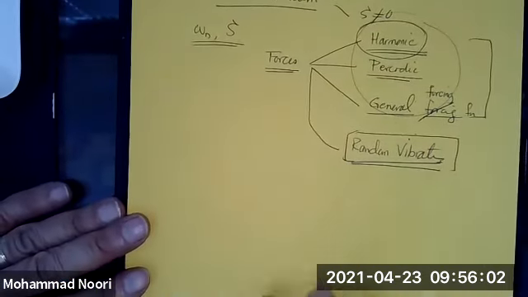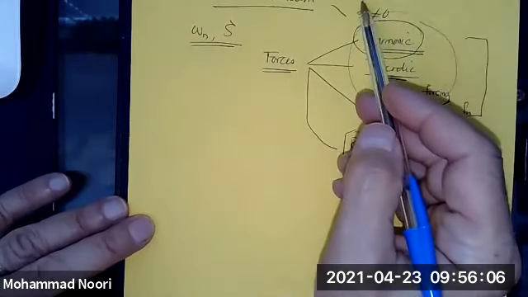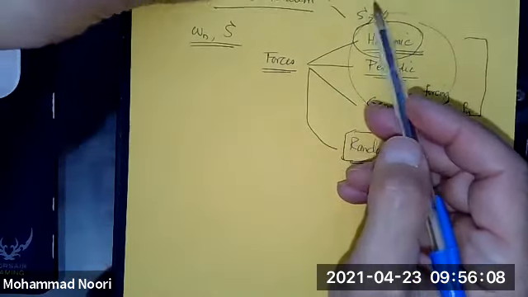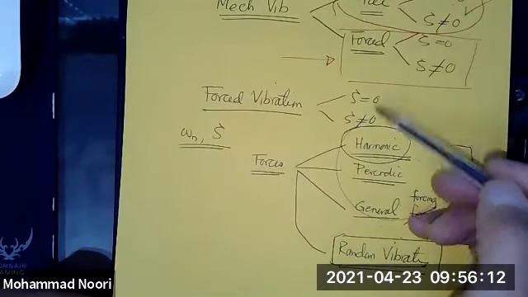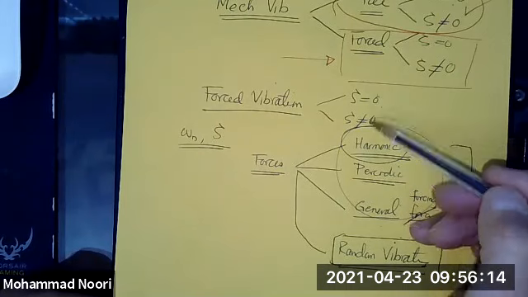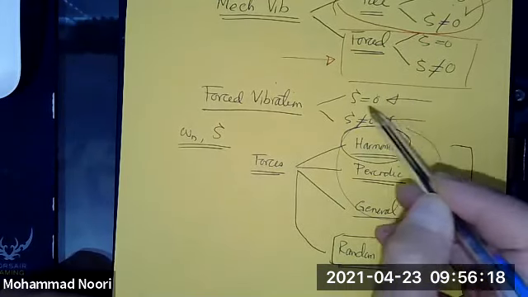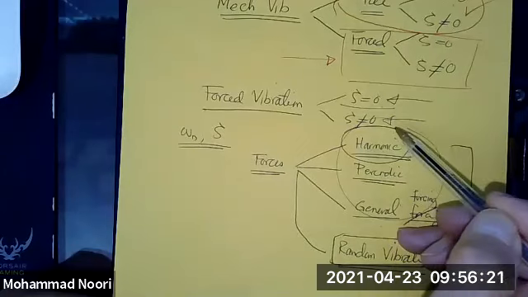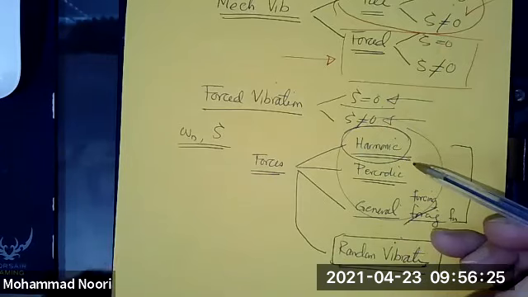So the first case we are going to study is what? We said that forced vibration, in general, is classified into two categories, undamped and damped. So we will start with this case, and we will look at the response of the system first.